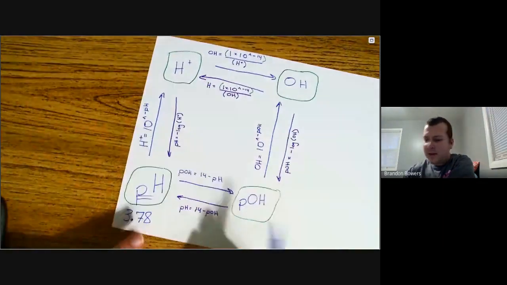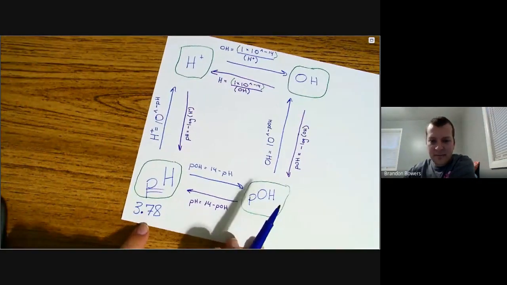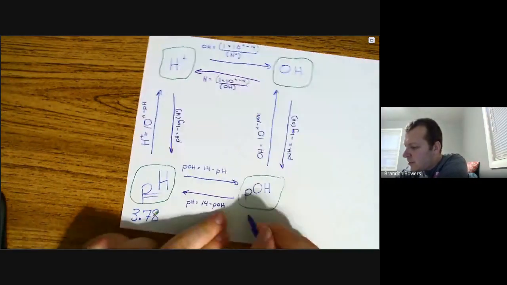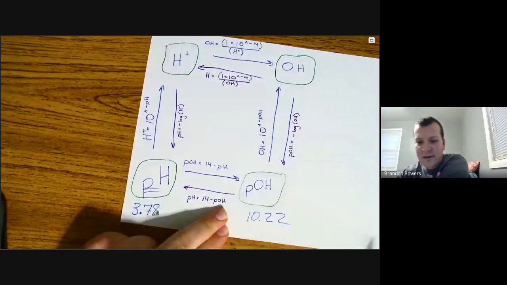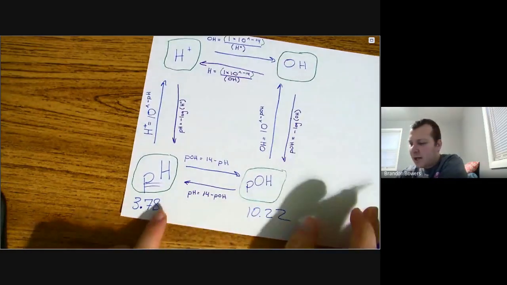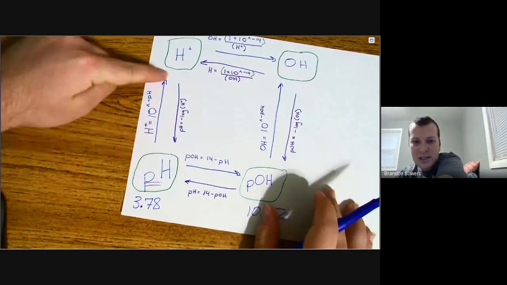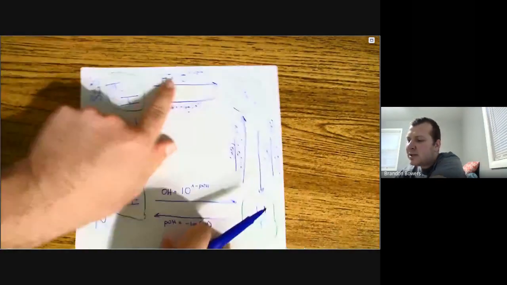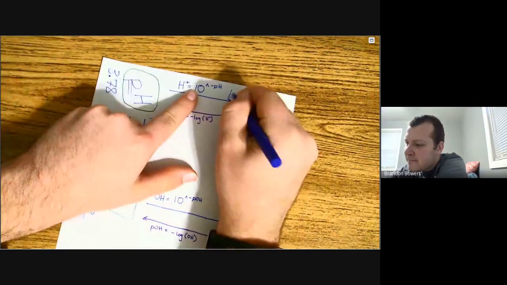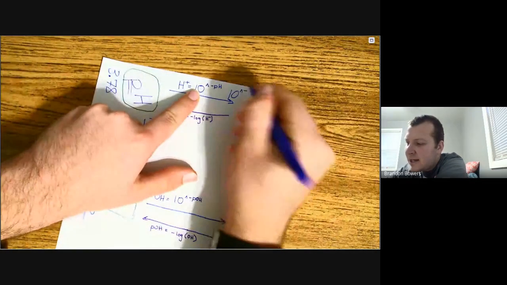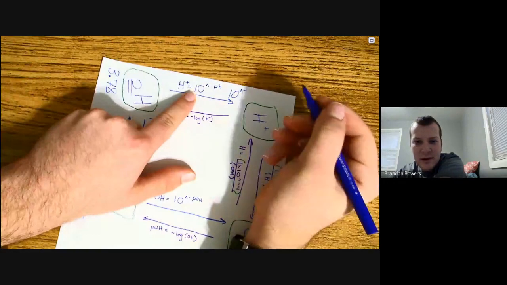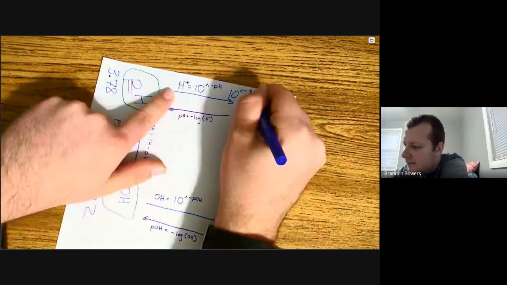I know this value down here, and I know this is 10.22 now. So I have 2 values. I'm going to work up. I'm going to go up to H+. So I'm going to use my up equation. My up equation is 10 caret negative whatever my pH value is. Well, my pH is 3.78.